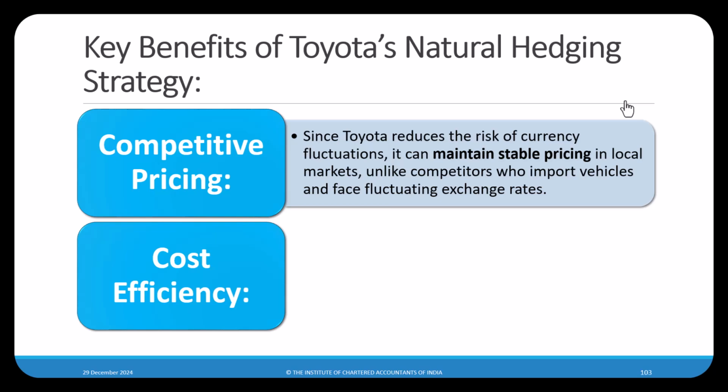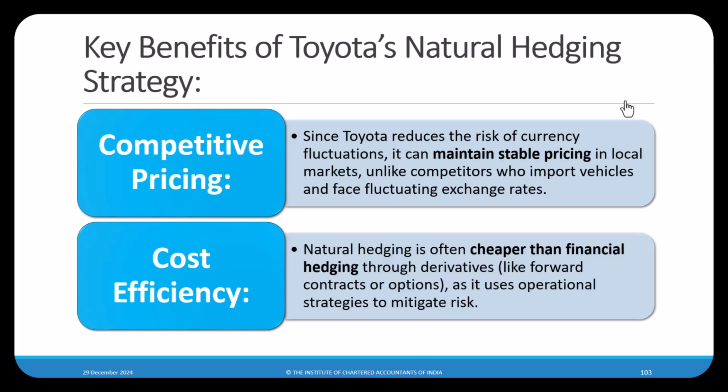Because the exchange rates go up and down, they need to either tamper with the price, isn't it, to remain profitable in the market. But Toyota has avoided that. Natural hedging is often cheaper than financial hedging, because when you take a forward contract, options contract, or futures, you have to incur a lot of cost. So you avoid that. Derivatives are always expensive, like forward contracts, whereas natural hedging uses operational strategies to mitigate risk. Is that okay?